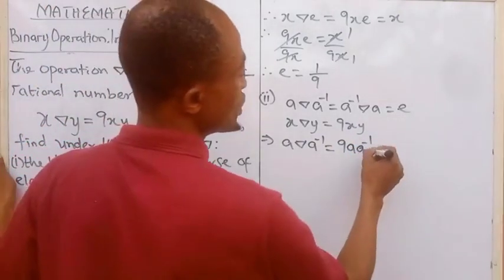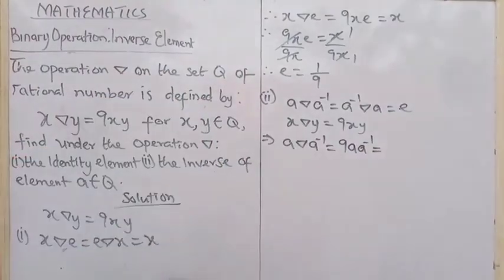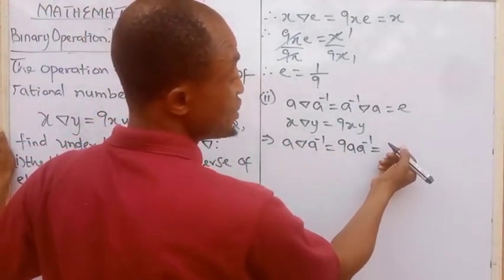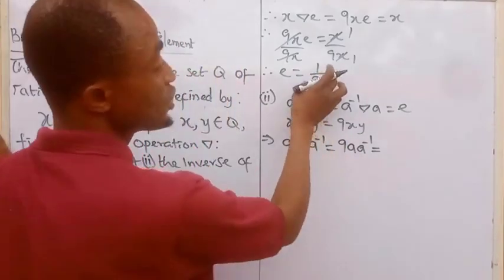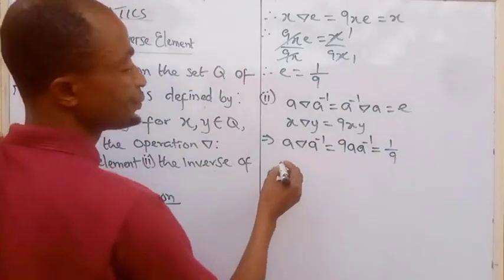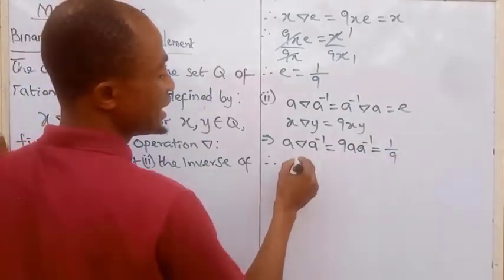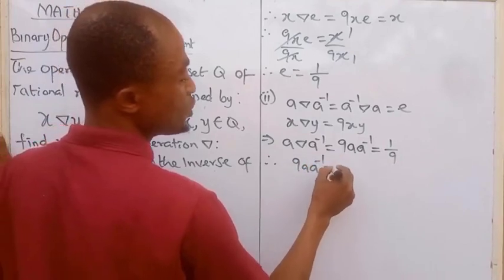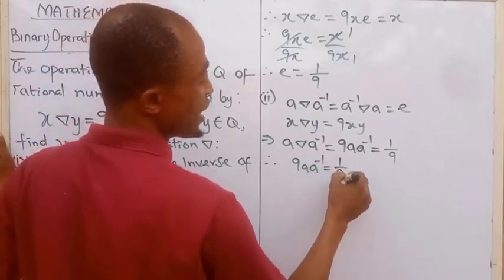Which must be equal to our identity element, and the identity element we got the other time is 1 over 9. Therefore, we can say 9a times a inverse equals 1 over 9.